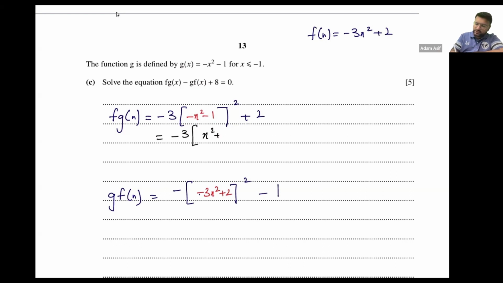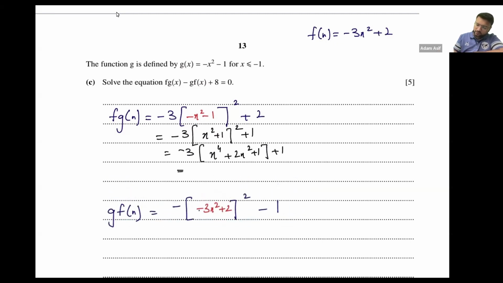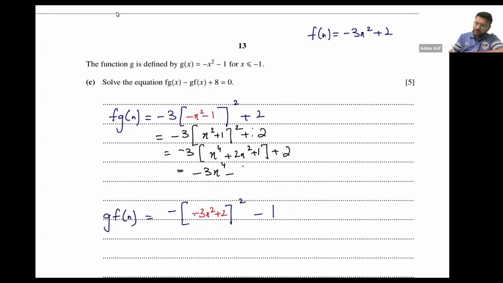This is the same as (x square plus 1) the whole thing squared: x to the power 4 plus 2x square plus 1, plus 1, plus 2. Yes, this is plus 2. So minus 3x to the power of 4 minus 6x square minus 3 plus 2 would be minus 1. This is fg of x.